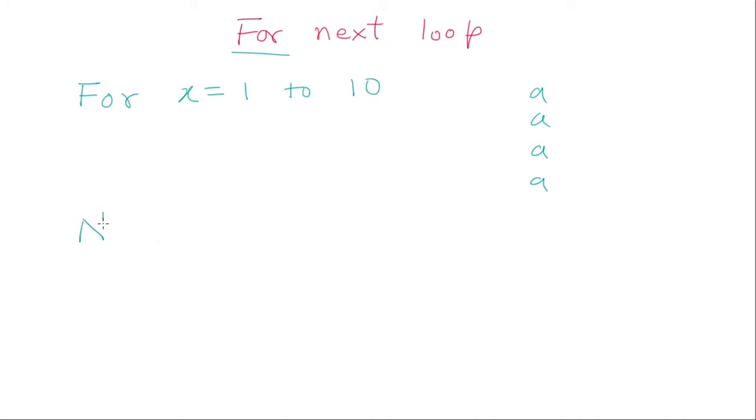And then next. If there are multiple fors, we'll have to ensure that it is the correct next for the correct for. So next x, okay. What do you think will happen over here?